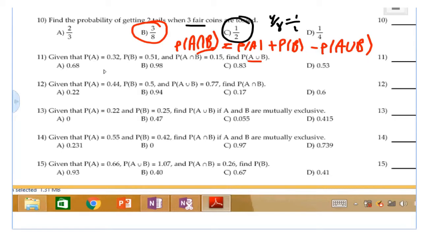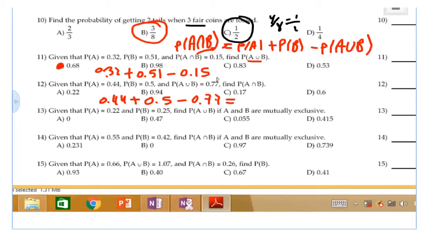So I'm going to add 0.32 plus 0.51 minus 0.15, which is equal to 0.68. For number 12, I'm going to add 0.44 plus 0.5 minus the intersection 0.77.